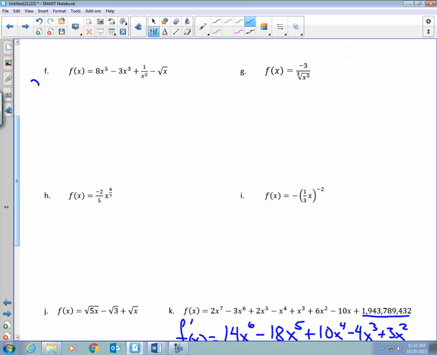First thing I need to do is I need to rewrite the function so that it has exponents. 8x to the 5th minus 3x to the 3rd plus, how do I rewrite 1 over x squared? X to the negative 2 minus x to the 1/2.